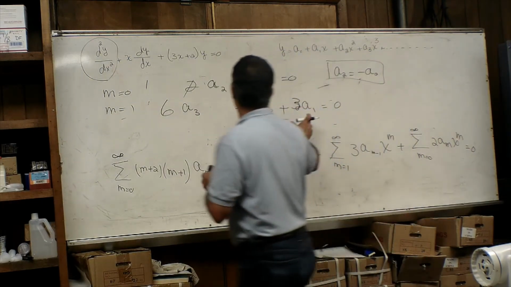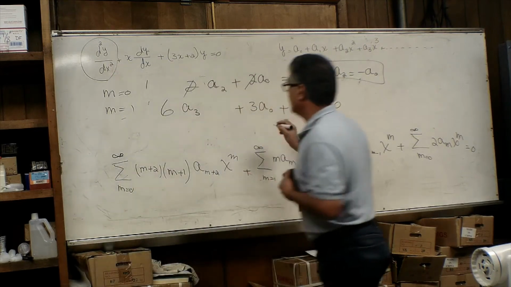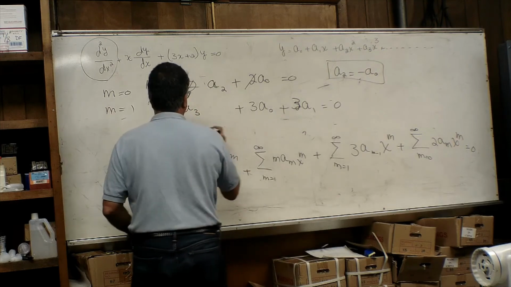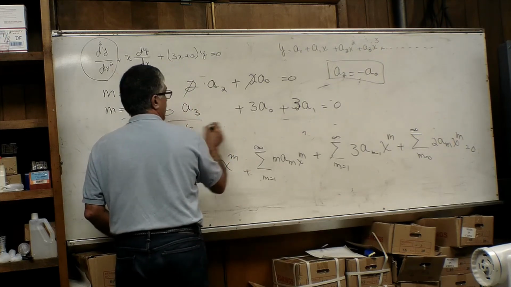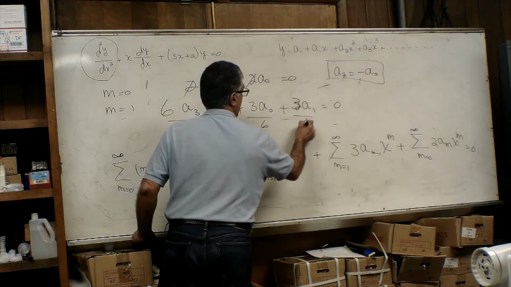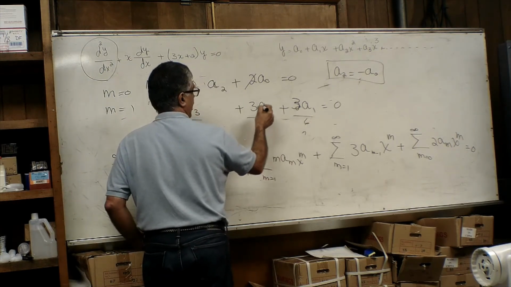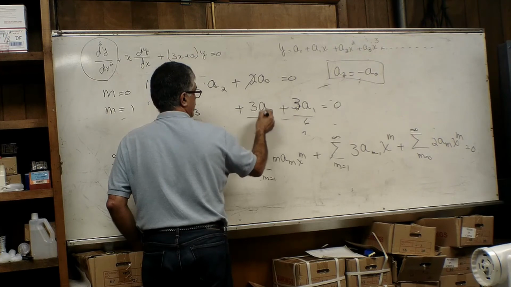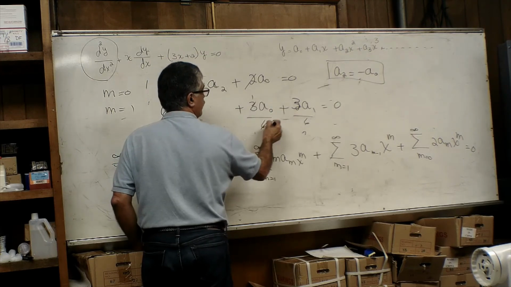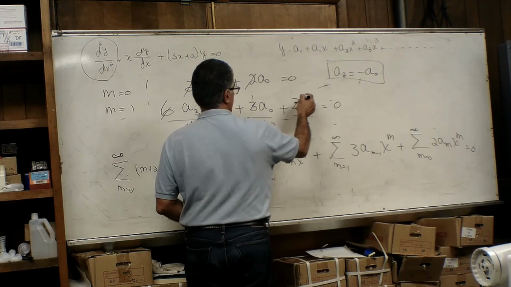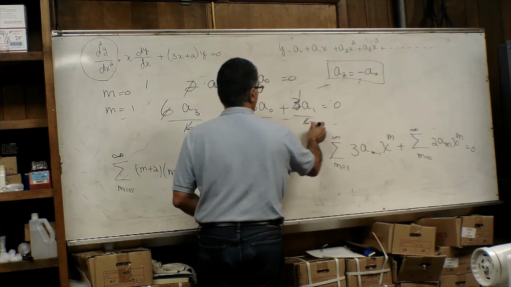So let's go ahead and divide both sides of this equation by 6. So this 6 will cancel out. We are going to have 1 divided by 2, and again 1 divided by 2.